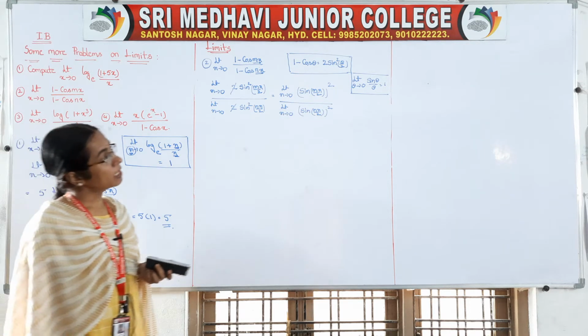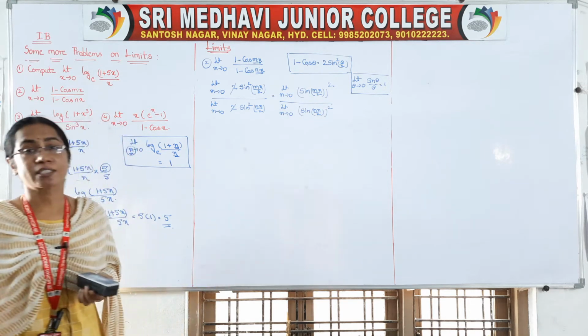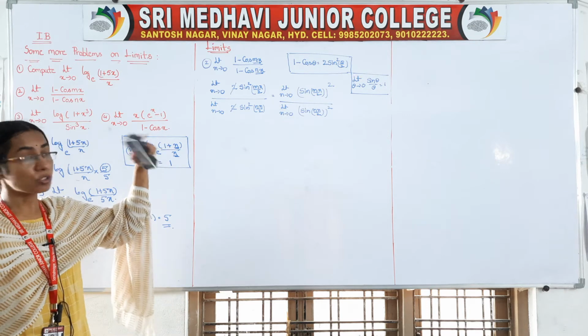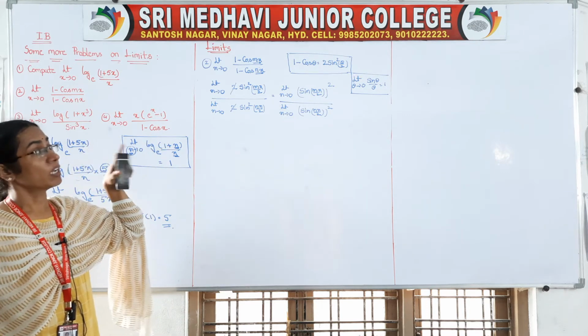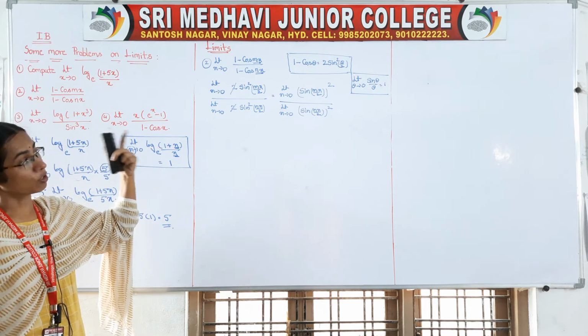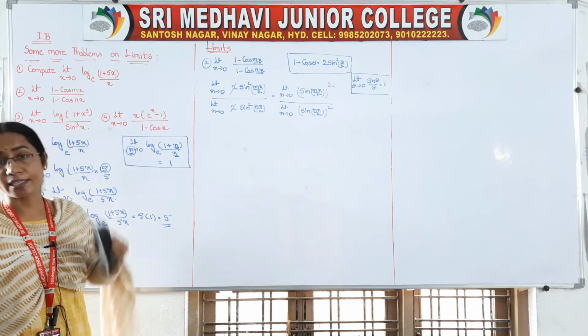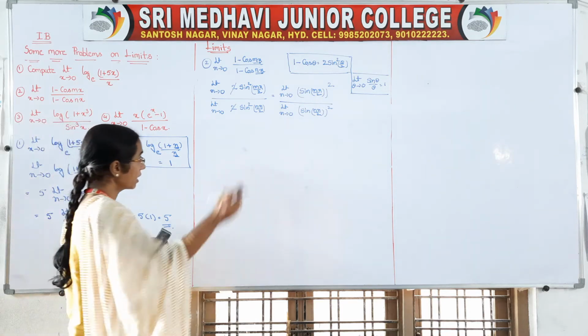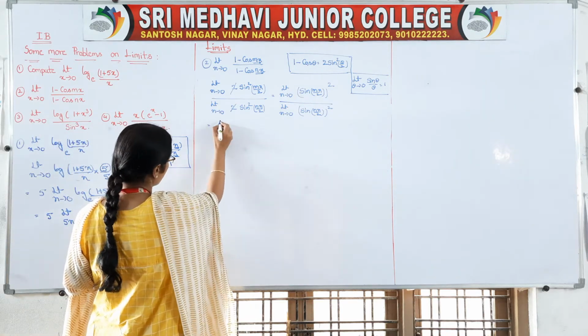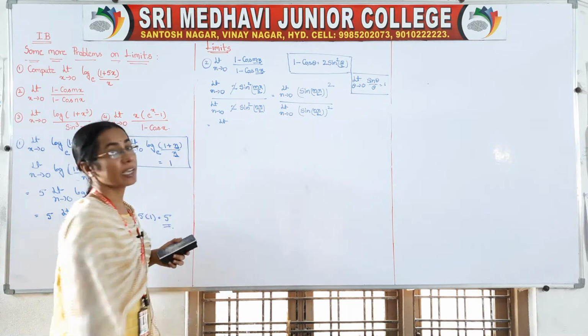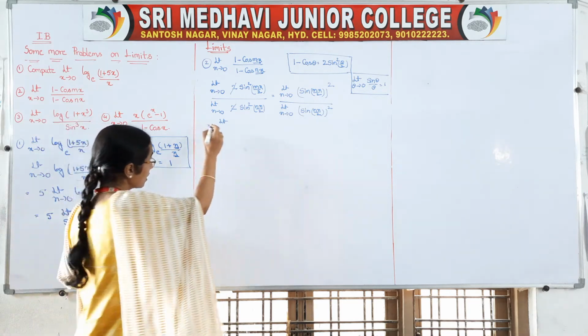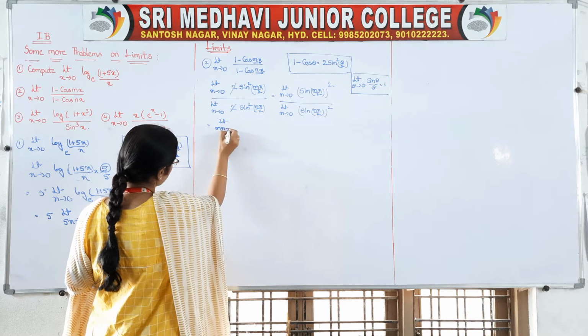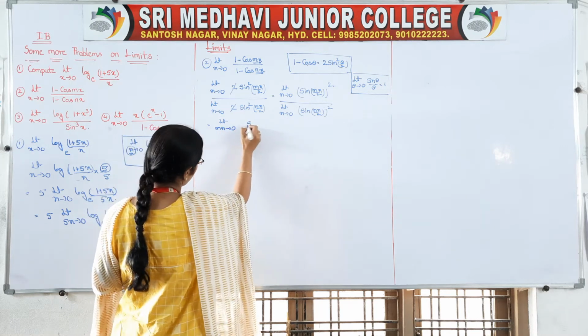So what is our theta now? mx by 2, and the whole square is there. That's why we need x square in the numerator as well as the denominator. So dividing the numerator and denominator by x square, and if x tends to 0, mx tends to 0 only.